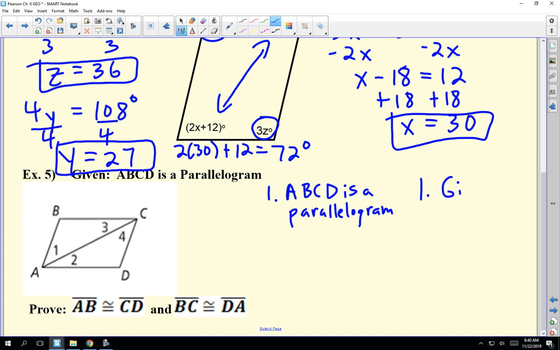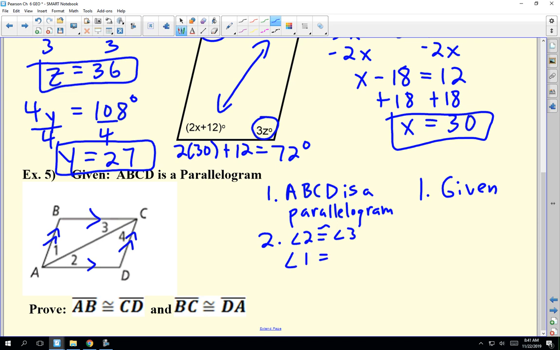That's given. Since this is a parallelogram, we've got a couple pairs of parallel sides by definition of a parallelogram. And so therefore, we can state some angles that are congruent by alternate interior angles. For example, I've got angle 2 is congruent to angle 3. See those two alternate interior angles. Then I've got another set, right?